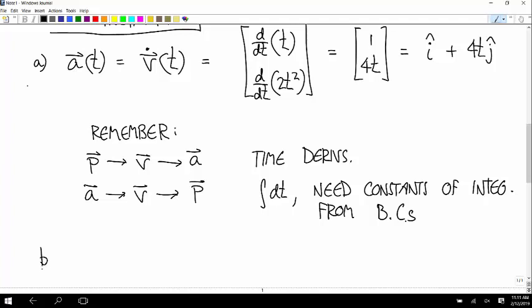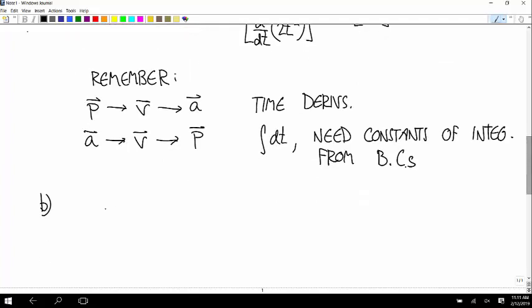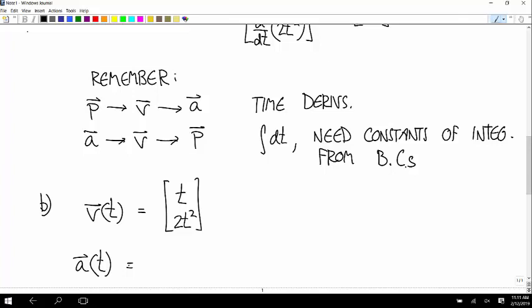Okay, so part B. We're starting again with this velocity function that's equal to (t, 2t squared). Boundary conditions are how we solved the constants of integration in 1D, and that's how we're going to do it here too. The thing that's different here, though it's not really fundamentally different, is that in 1D we only had one integration to go from one quantity to the next.